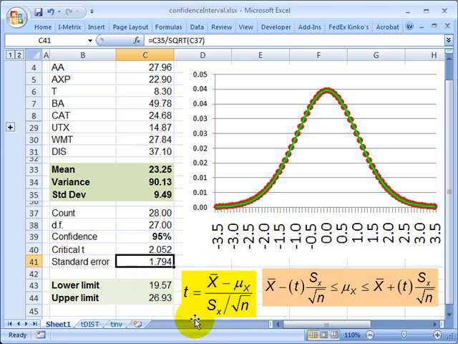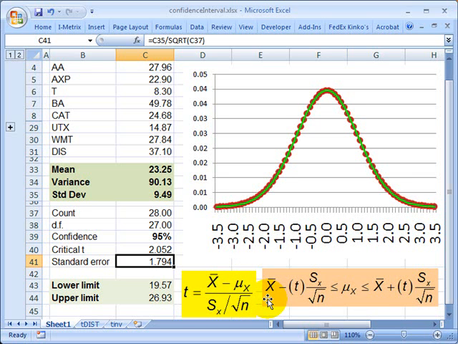Here in yellow is my critical t, and all that says is my sample mean minus this population mean, the difference between those, divided by this standard error. So what we're doing with the confidence interval is we're trying to create an interval with a lower limit and an upper limit that we can say with 95% confidence within that interval lies the true population mean, given here by u.